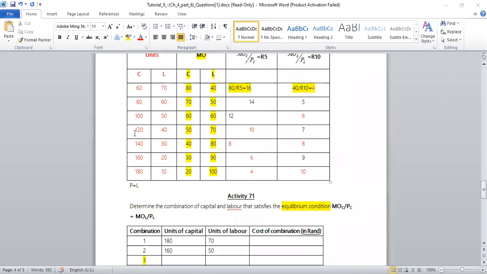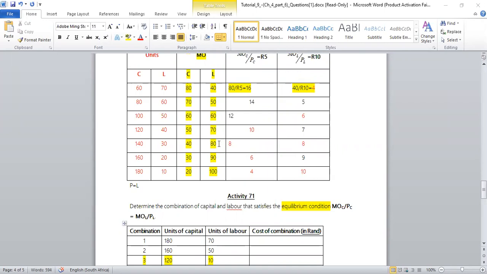This one is capital, so units of capital is 120. Then how many units of labor? Units of labor, 10.